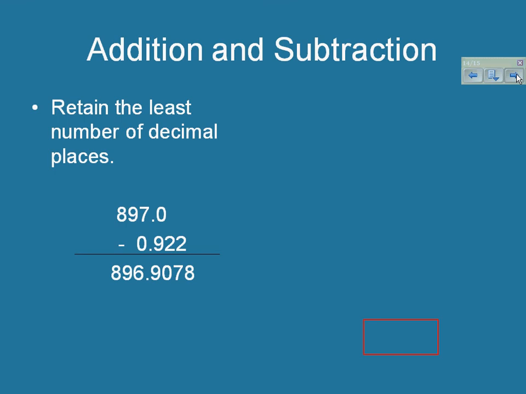Now, our sig fig rules, think about these as measurements. 897.0 has one decimal place. 0.922 has 3. We need to round to the 1 decimal place. So, our final answer is 896.9.